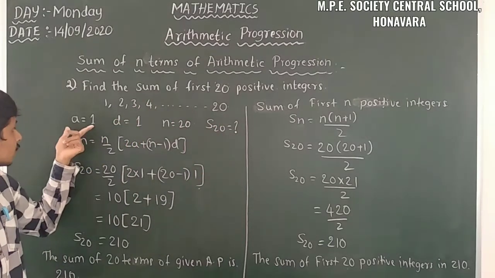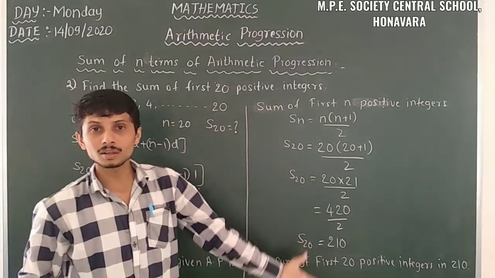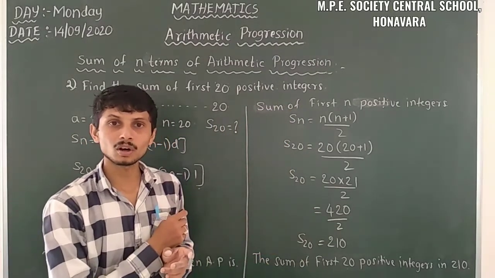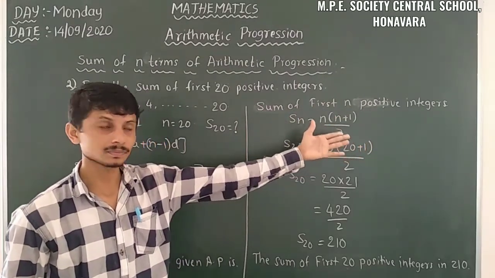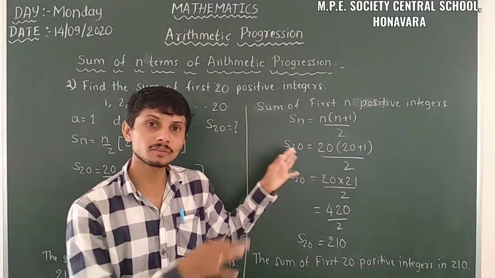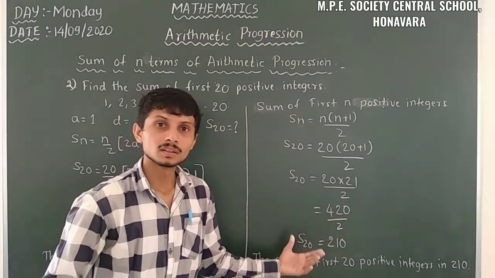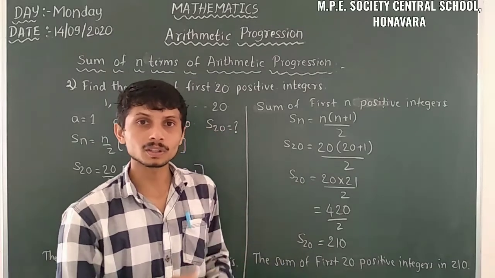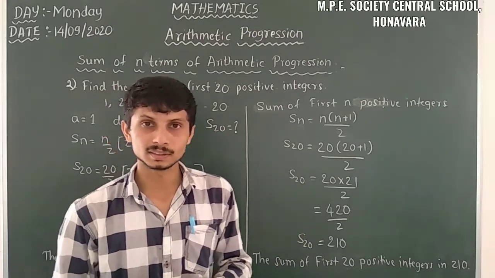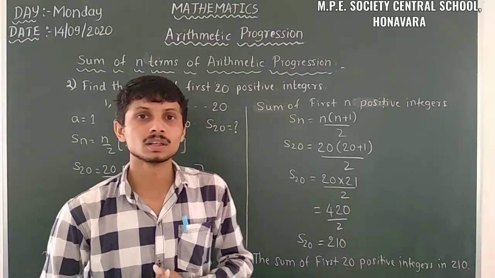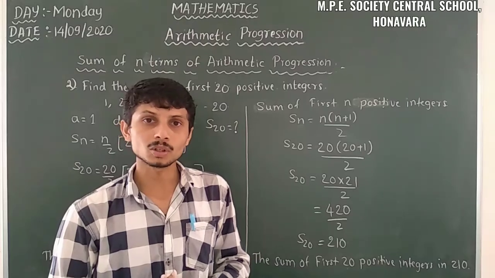Because we have to find the value of a, d and n. Here there is no need of such values because we have to find the sum of first n positive integers. So we just insert the value of n only. Then we can find the sum of the first 20 positive integers. So this is about the formula for finding the sum of n terms of an arithmetic progression.